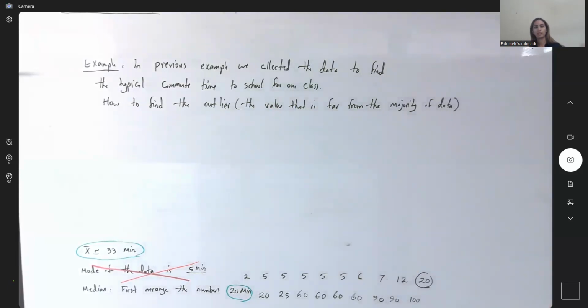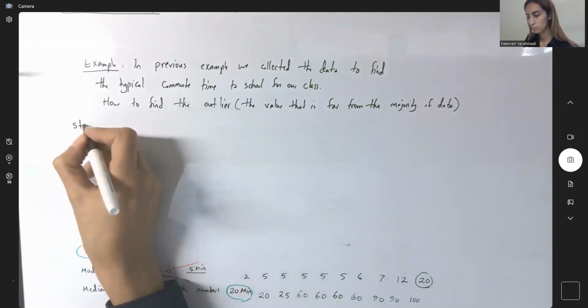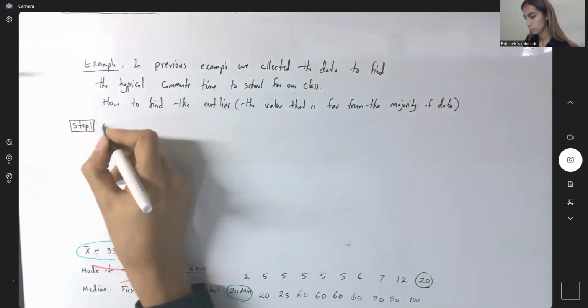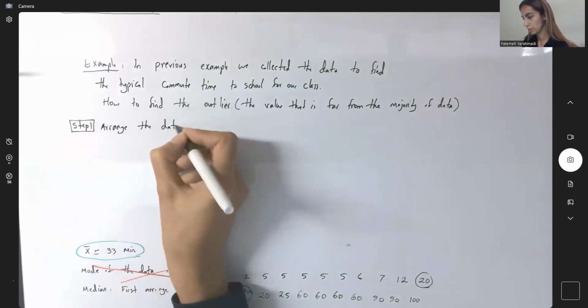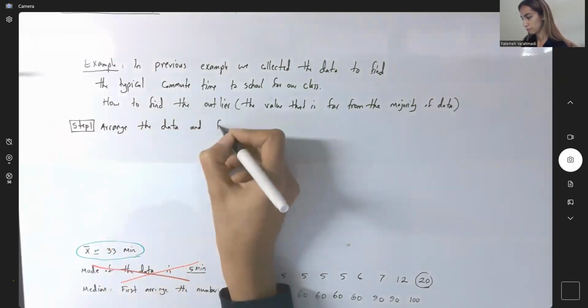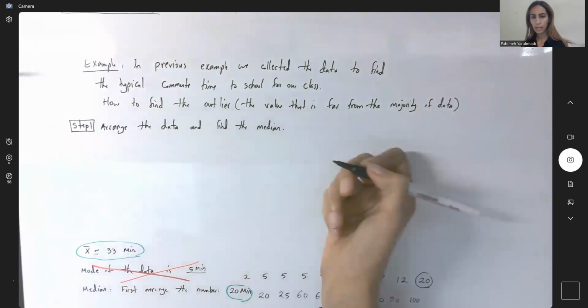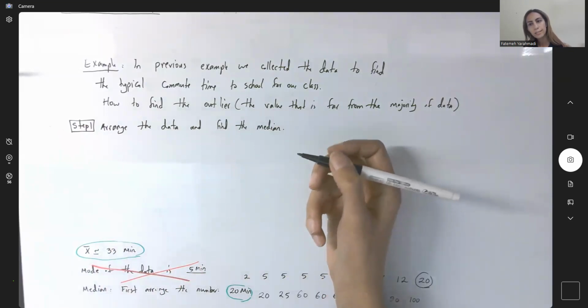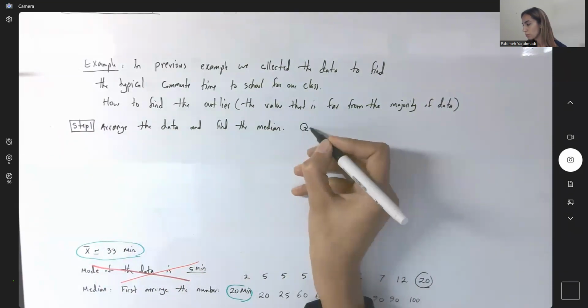So some important steps that we need to take. First, you're going to arrange the data and then find the median. Step one. Arrange the data and find the median. Another symbol that you use for median is Q sub 2.